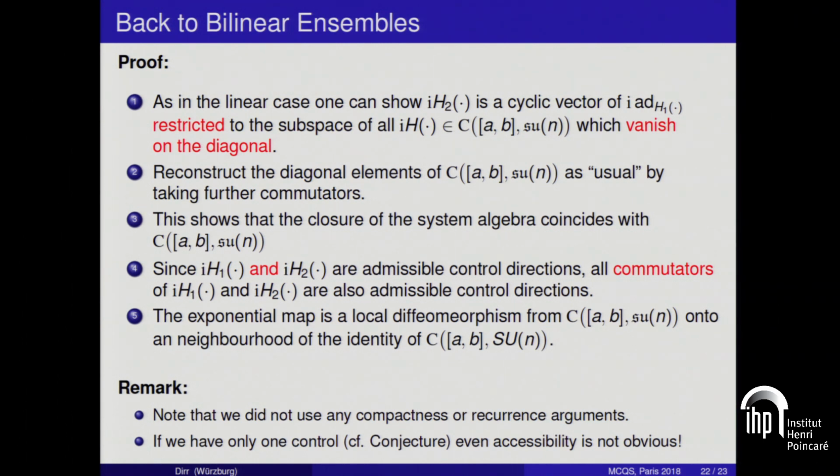But due to the fact that one can easily show that one can generate the entire Lie algebra with the same techniques, one would hope to get at least accessibility, so ensemble accessibility or uniform ensemble accessibility. But even this is not clear because the Lie algebra rank condition breaks down for infinite dimensional systems. There are examples which satisfy the Lie algebra rank condition, but which are not accessible.